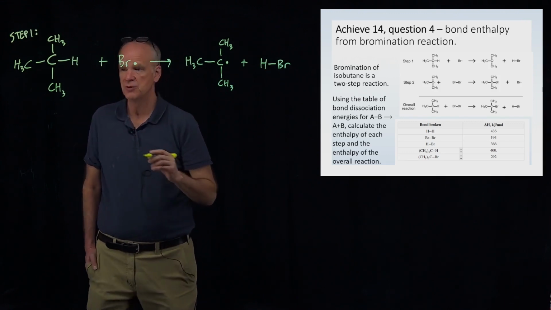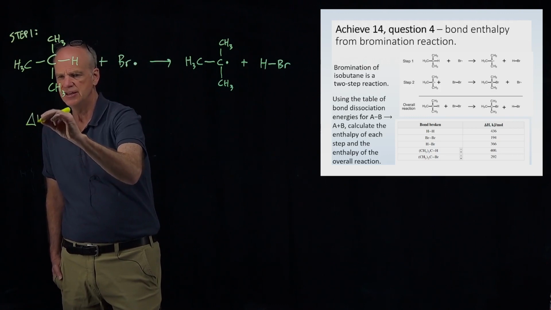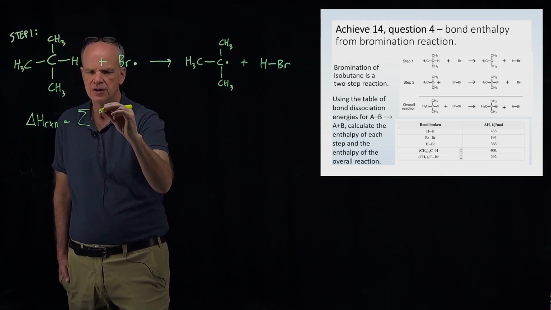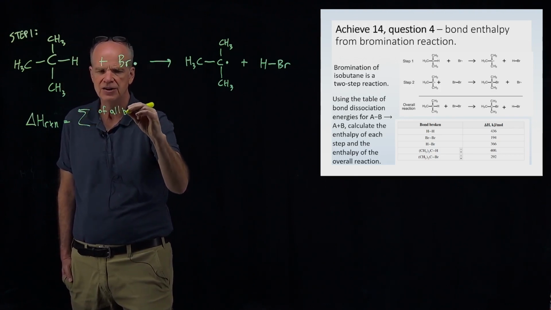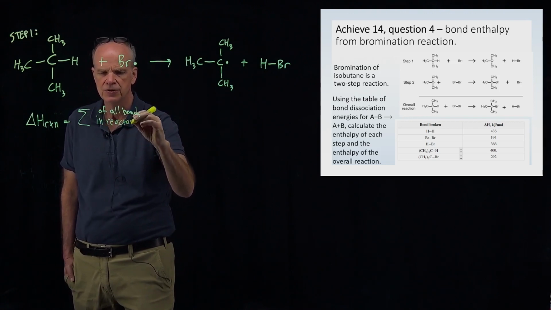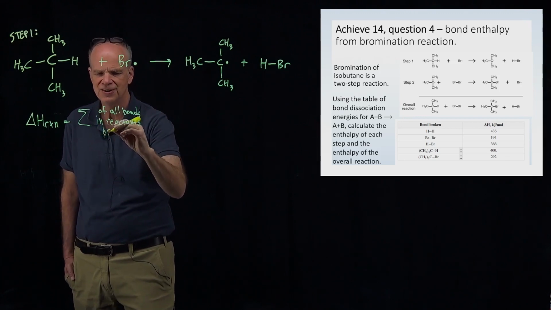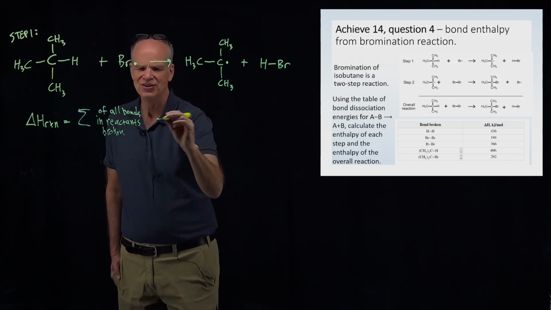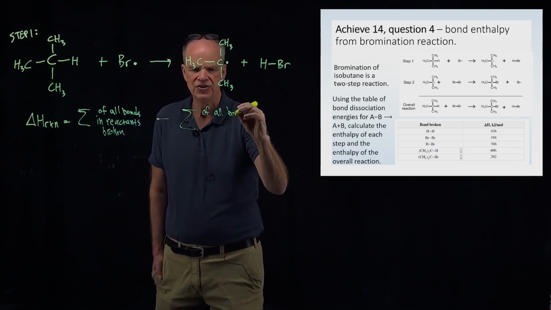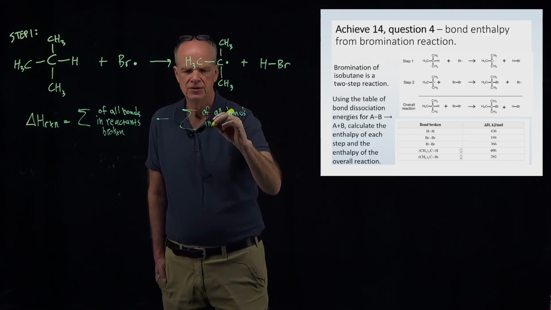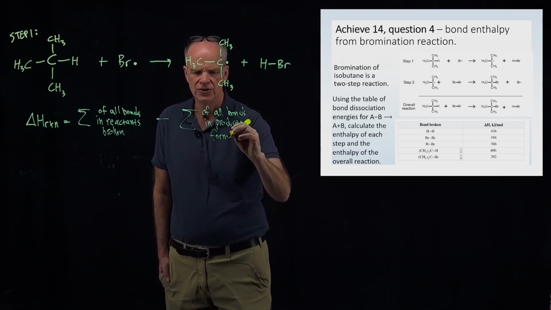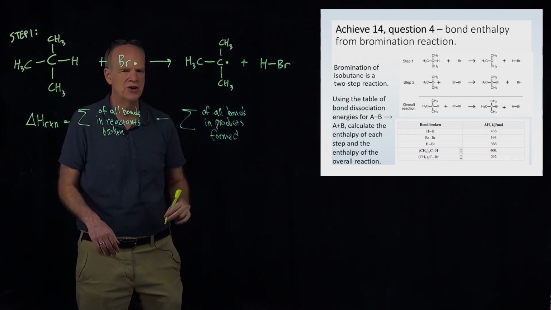So one way you can do it is by using this formula, that the enthalpy change of the reaction is equal to the sum of all bonds in reactants broken minus the sum of all bonds in products formed.